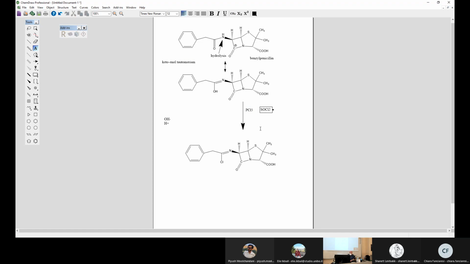All these compounds, thionyl chloride, phosphorus pentachloride, are reagents able to transform an OH into a halogen, a chlorine atom in this case. We can use also phosphorus tribromide, it is the same. We can transform the OH into a bromine.